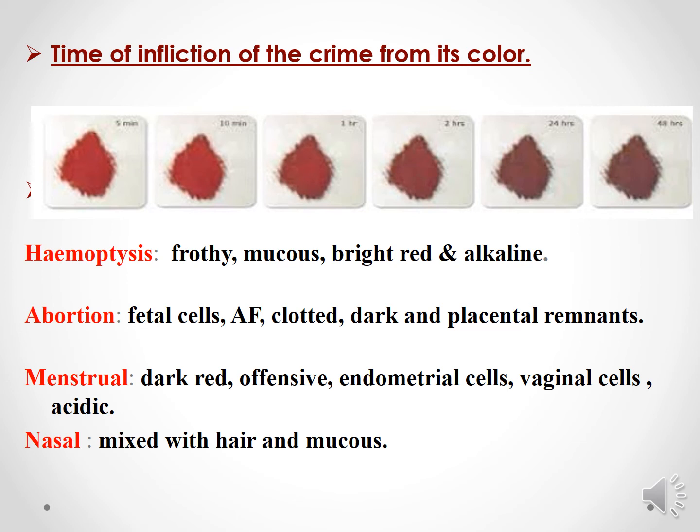Abortion blood contains fetal cells, amniotic fluid, also clotted, dark, and placental remnants. Menstrual blood is dark red, offensive, with endometrial cells, vaginal cells, and finally acidic. Nasal blood is mixed with hair and mucus.